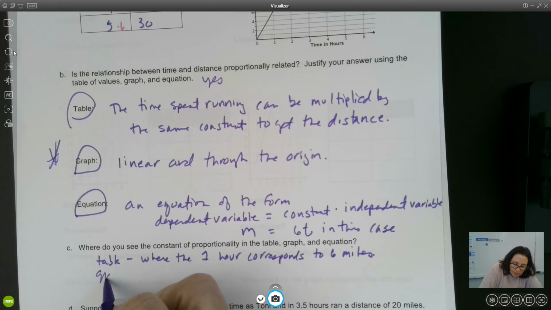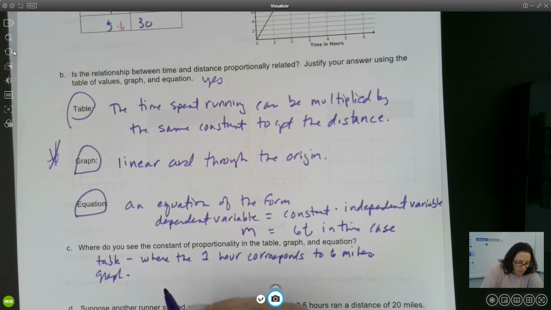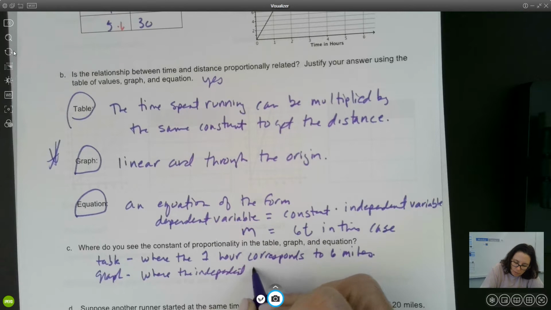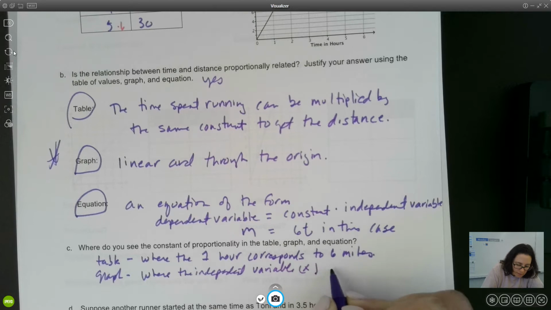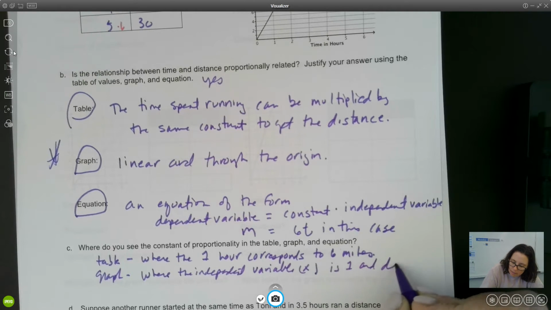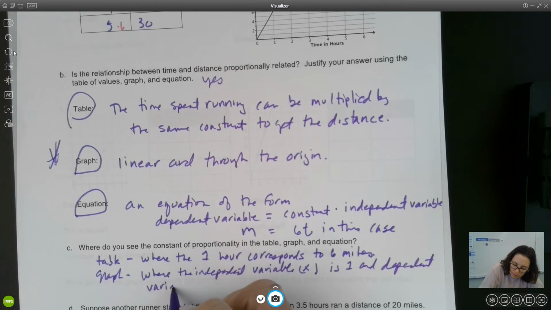In the graph, it's where the independent variable x is 1 and dependent variable is 6.